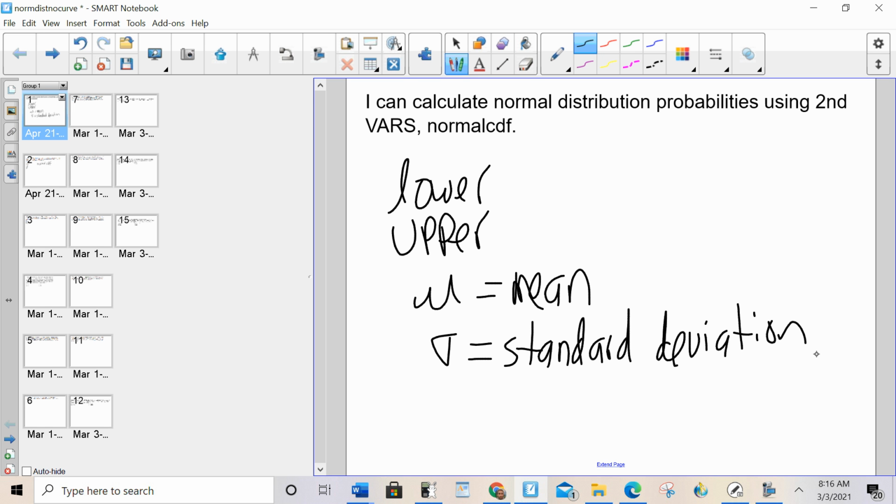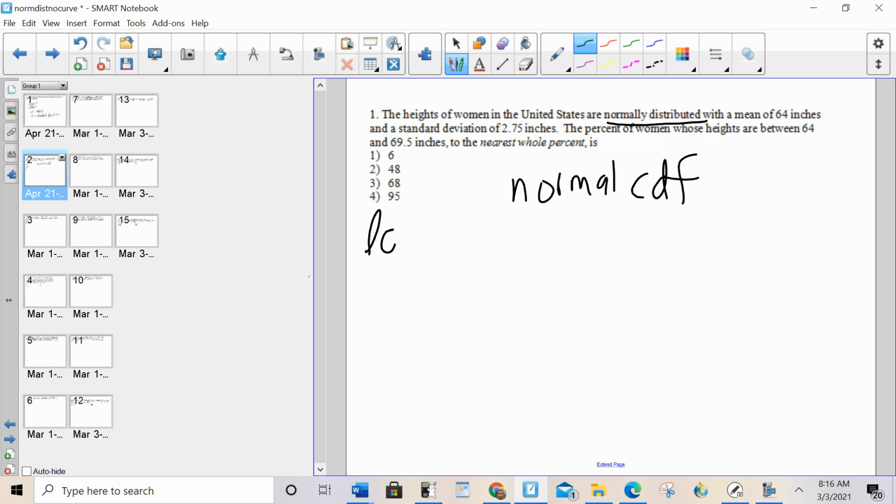The lower and the upper are the bounds. It'll tell you what to be between. Now, there's going to be a couple of little twists, and we'll fill those in when we get to them. But basically, for now, mu is the mean, and standard deviation is sigma. So I'm going to write lower, upper, mu, sigma.